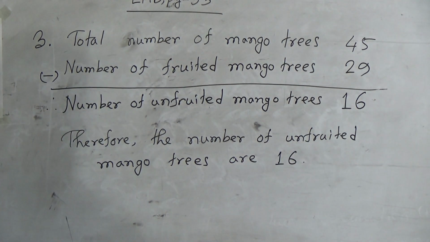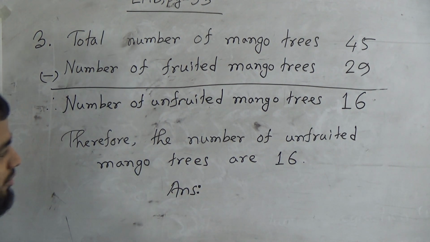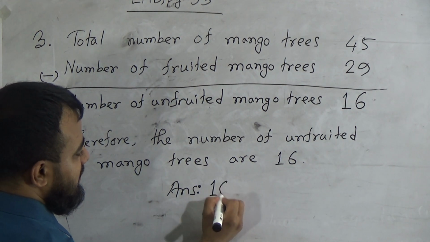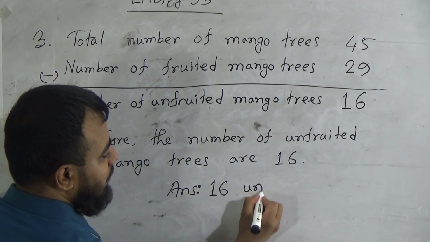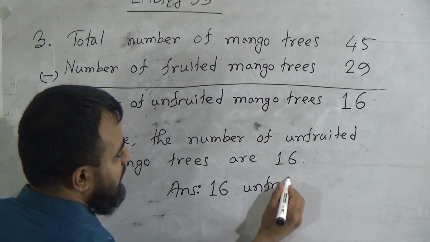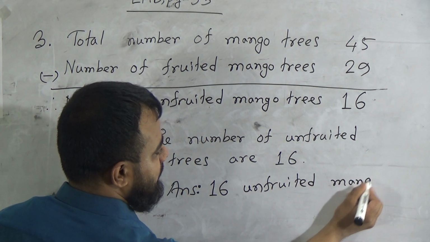Okay, so you should write down the answer here also. The answer is 16 unfruited mango trees, or you can write down 16 mango trees unfruited.